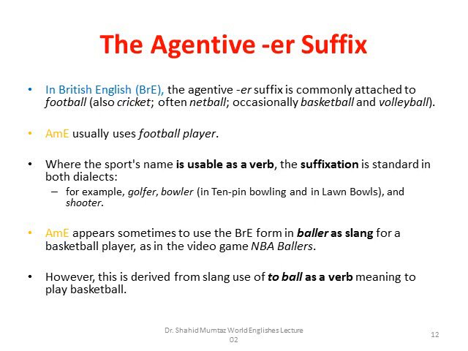For example, golfer, bowler. I mean, golf can be used as a verb, or bowl can be used as a verb. So here suffixation is standard in both the dialects.